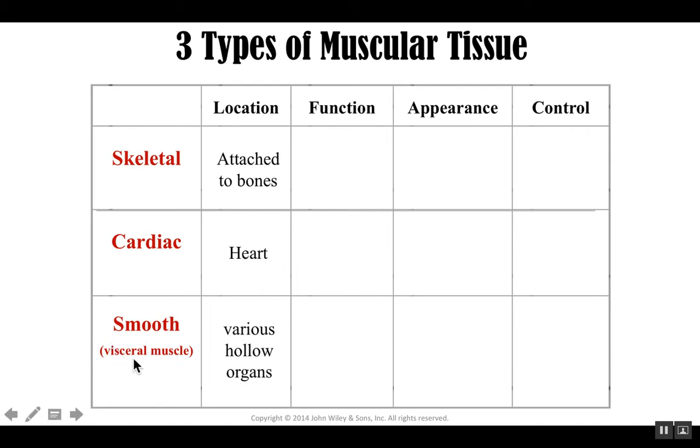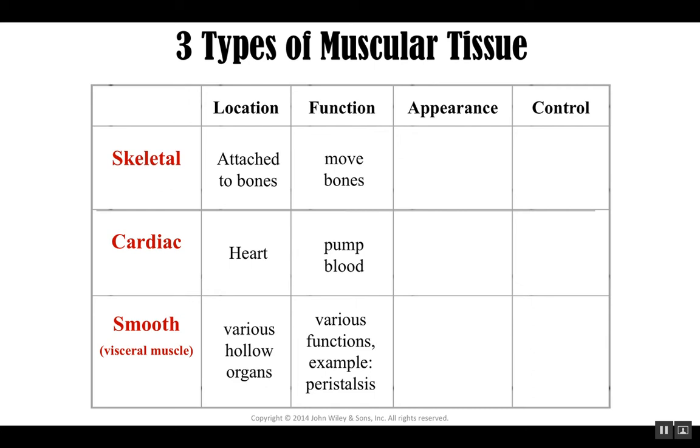Visceral means internal organs. The function of the 3: move bones and skin. So typically, again, we think of skeletal muscle as moving bones, but it'll also move skin. Cardiac muscle pumps blood, and smooth muscle, depending on the organ, regulates whatever is inside the lumen of that organ. It could be food, it could be air, it could be urine, it could be blood in the blood vessels.